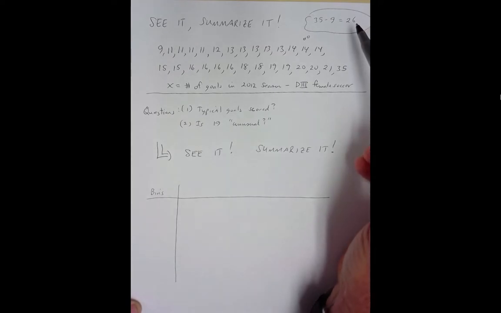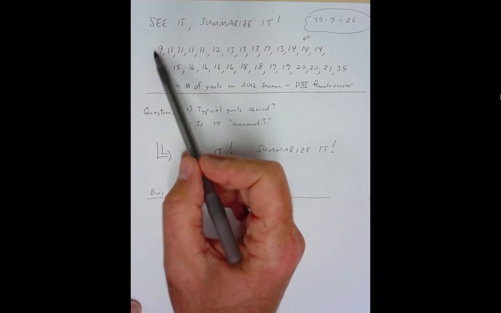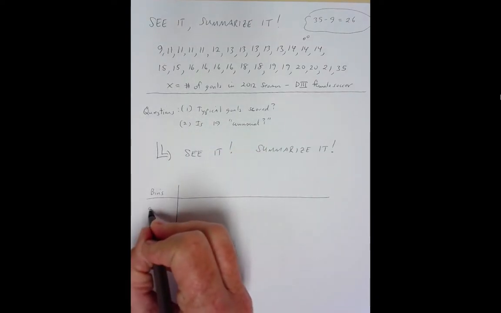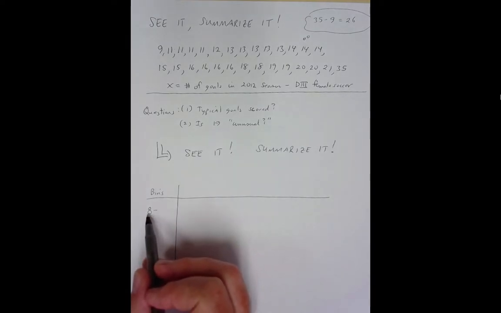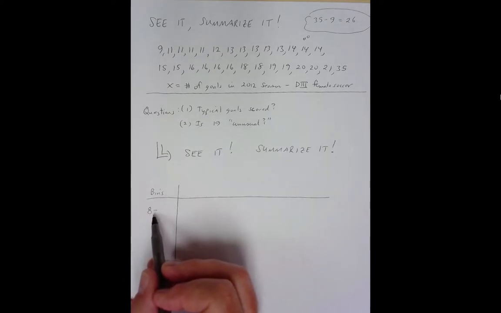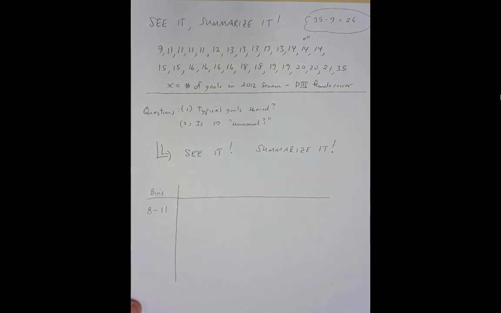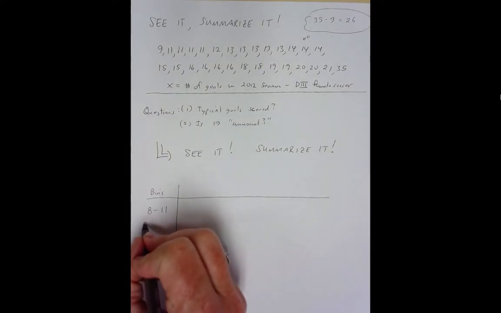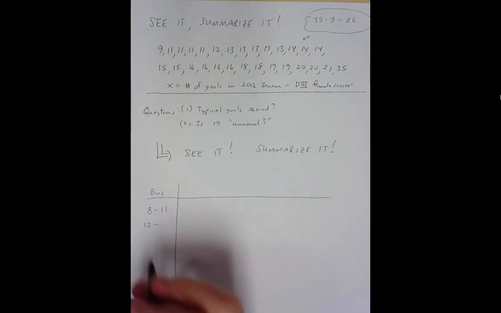Okay. So I'm going to start out with a number below the lowest. I'm going to start out with 8. And I want the first bin to be 4 units wide. So with an 8, a 9, a 10, and 11, the first bin will go from 8 to 11. The next bin will obviously not want to start at 11, because then we wouldn't know where to put an 11. So it's going to run from 12 to 15.